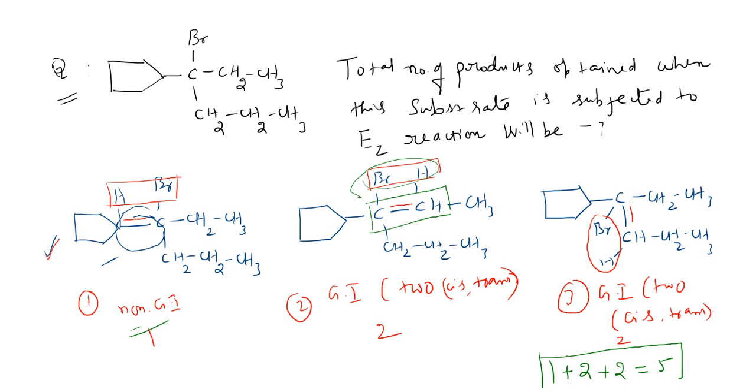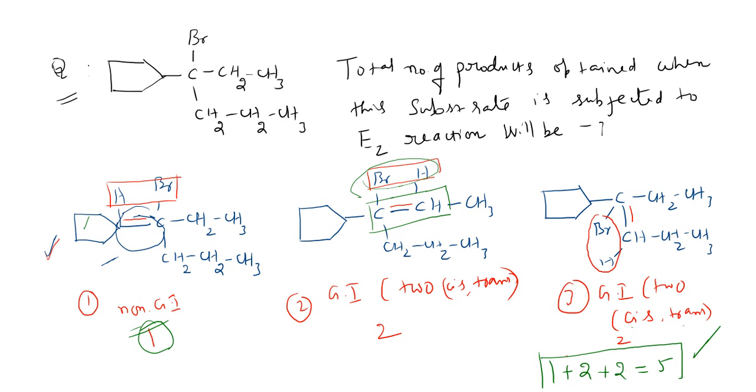And because of the cyclic ring, in the first case it is not possible. Third case, if you observe, again we have selected hydrogen and bromine removal causing a double bond here, and it gives geometrical isomers. So there are two geometrical isomers, cis and trans. So total is 2 plus 2 is 4, plus this one non-geometrical isomer. Total is 5, the number of products.